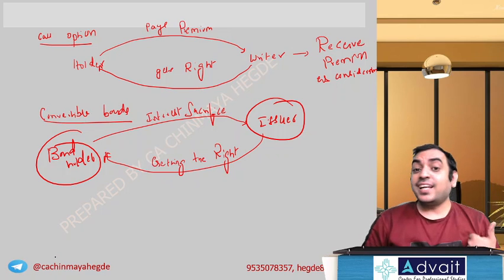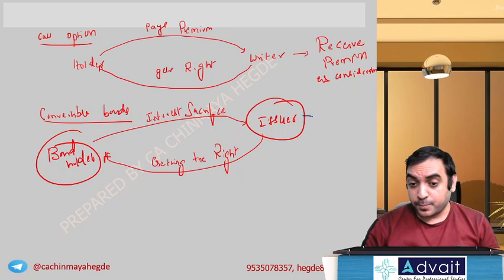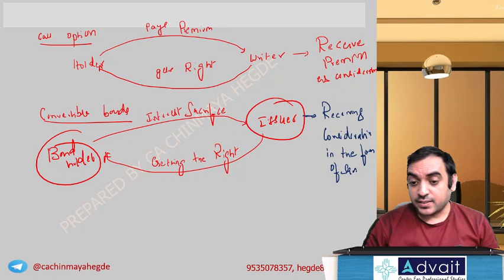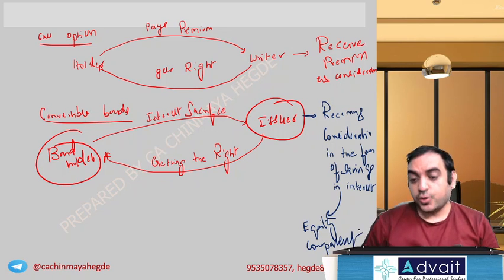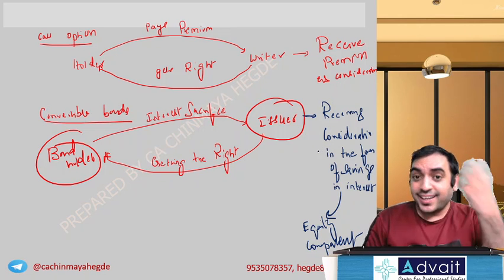Directly he is not receiving cash, but he is receiving premium in the form of savings in interest, and that is what we are recognizing as the equity component. And that saving in the form of interest, you recognize as the equity component.